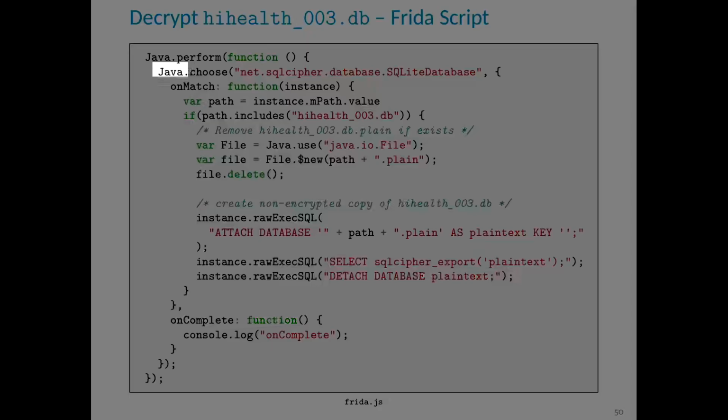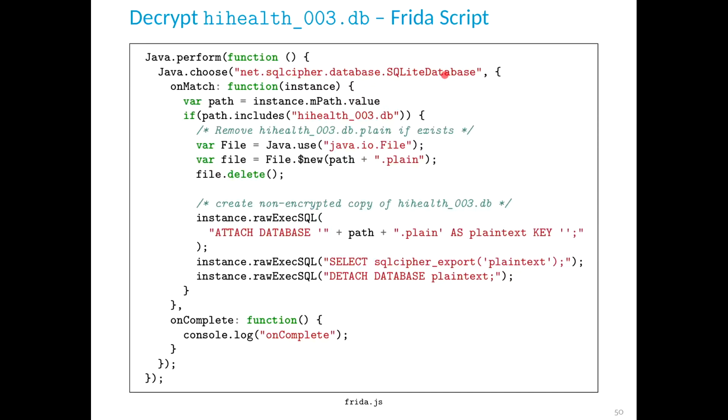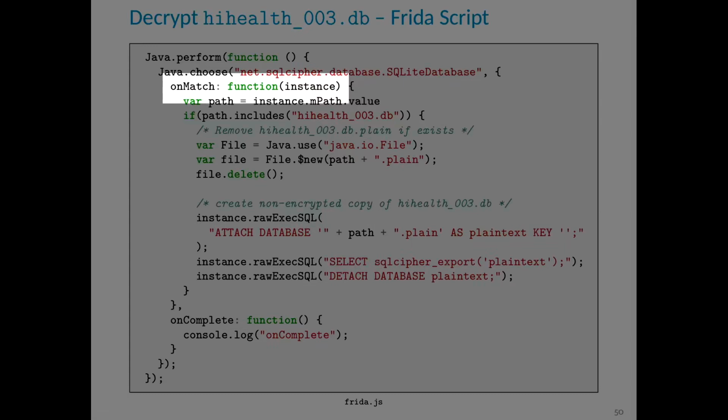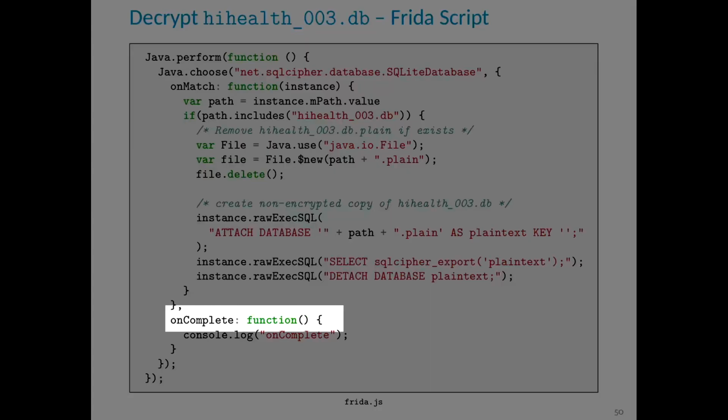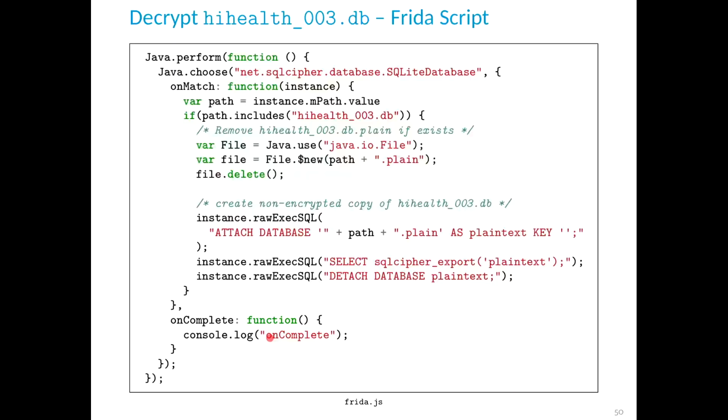There's the Java choose function, which you can use to say, okay, for this class, the SQLite database, please search for all objects of this class on the heap. Find me all instances, and call this callback if you find one. And if you're finished, call the onComplete function.